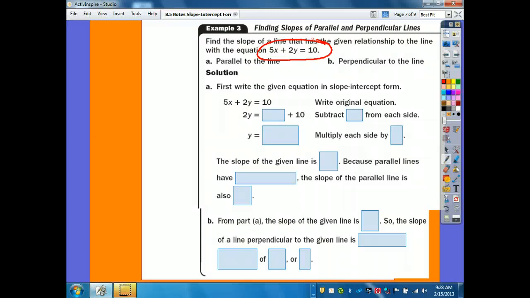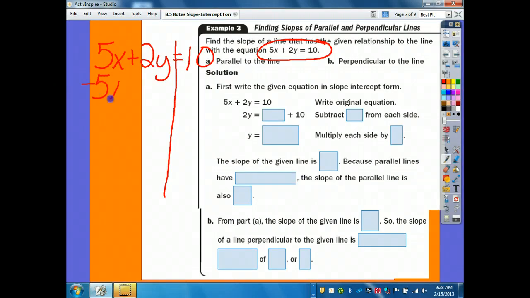Okay, so I'm writing this and I want you to write it off to the side as well. 5x plus 2y equals 10. What's the first thing I need to do? Minus 5x. Minus 5x. So that takes care of it over here.